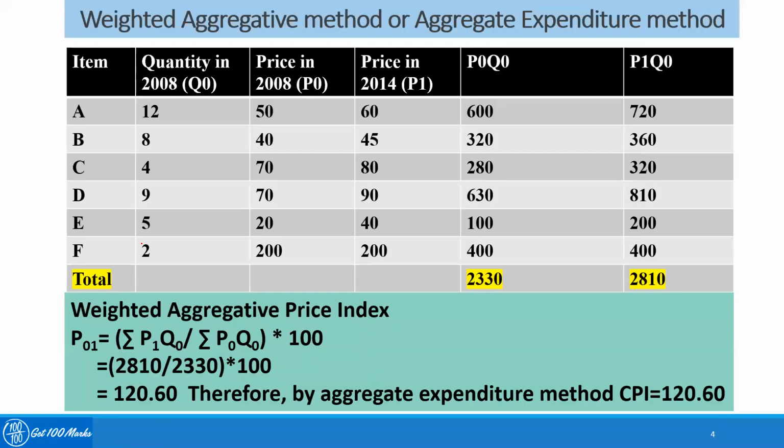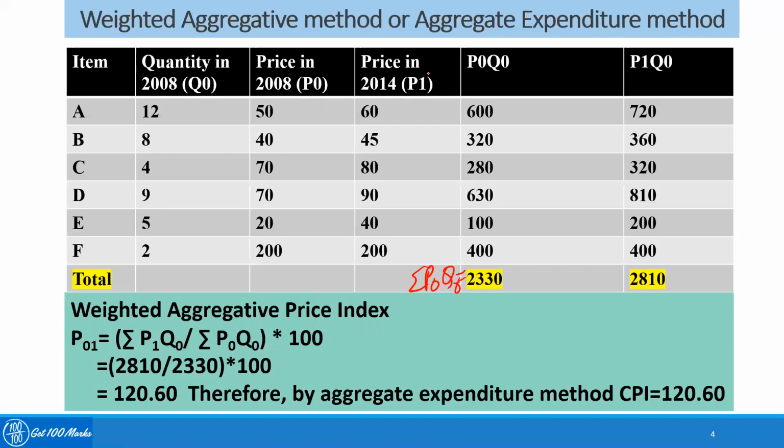So we first calculate P0 into Q0. P0 is the base year price and Q0 is the base year quantity. We multiply 12 into 50, and you will get 600; 8 into 40 is 320; and like that I have calculated, and I have got the summation of P0 Q0 as 2330.